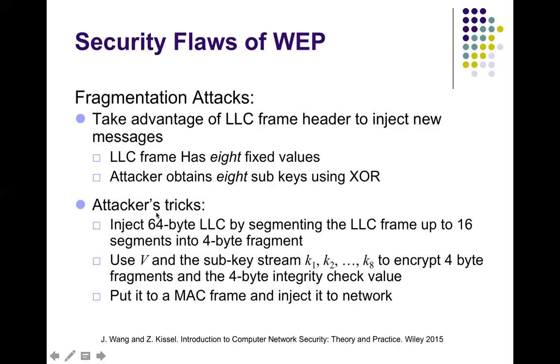So you get the subkeys. Then the attacker's trick is the following. Attacker Malice injects a 64-byte LLC by segmenting the LLC frame into up to 16 fragments of 4 bytes, okay? And then uses V and the subkey stream K1 up to K8, because these are known. So you can do exclusive OR to encrypt the 4-byte fragments, and the 4-byte integrity check value.